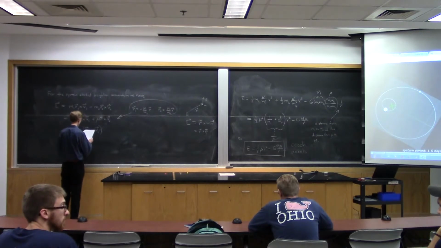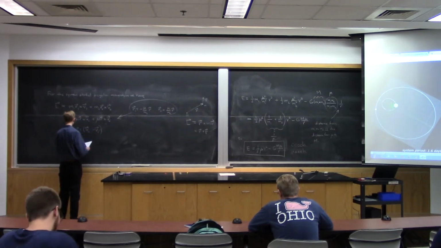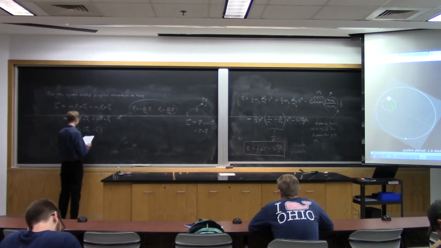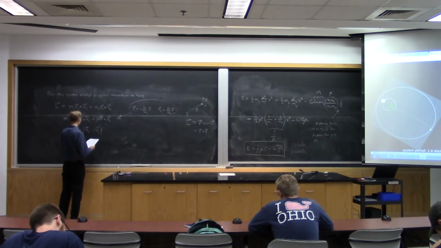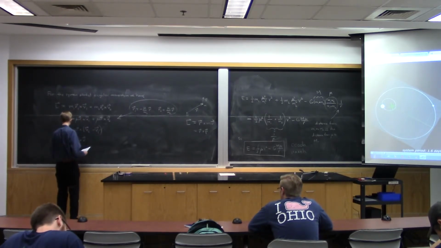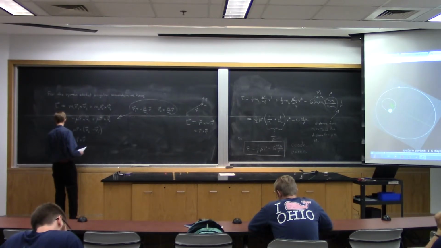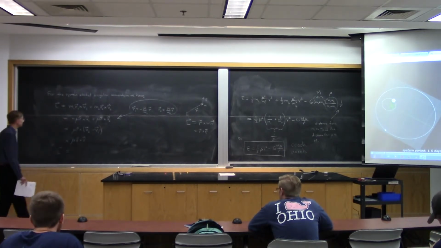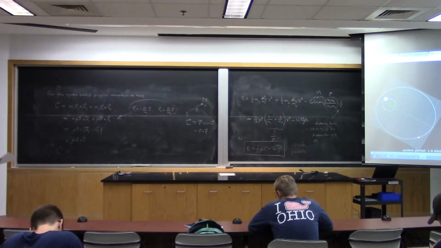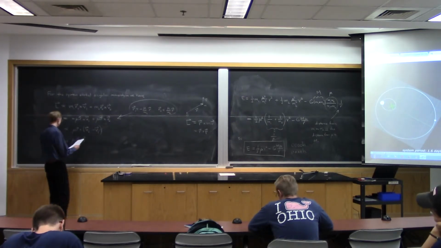So this is mu r cross v. Or, if we pair the mu with the v, we can call this r cross mu v.